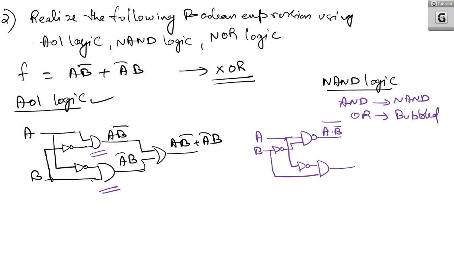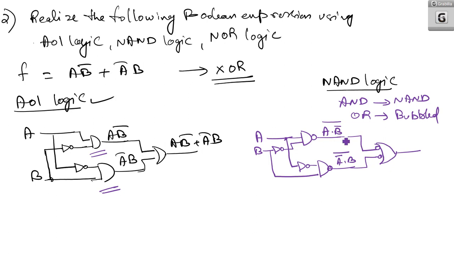So here what you have is A bar NAND B, that is A bar dot B, the whole bar. And I am making it into bubbled OR.